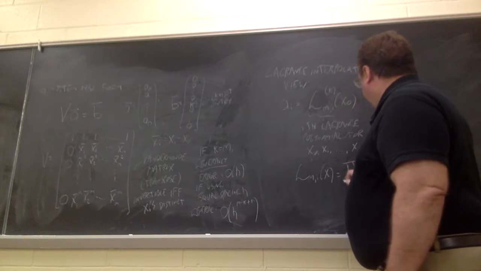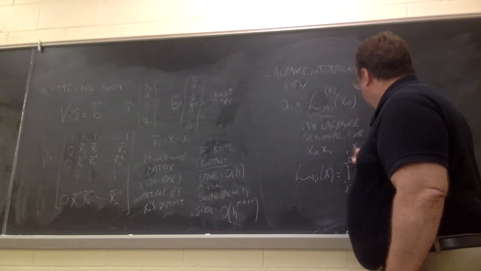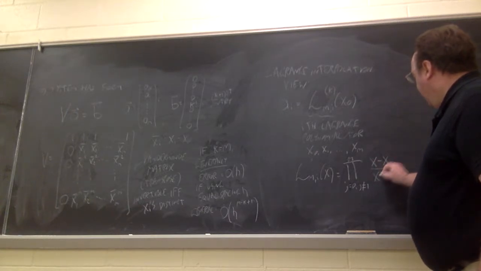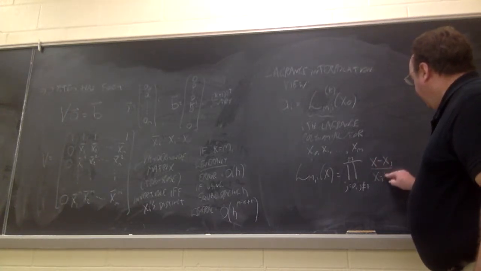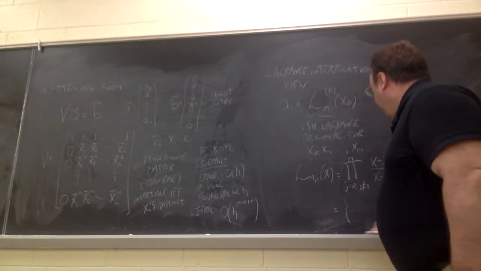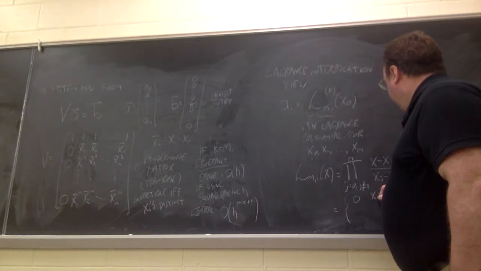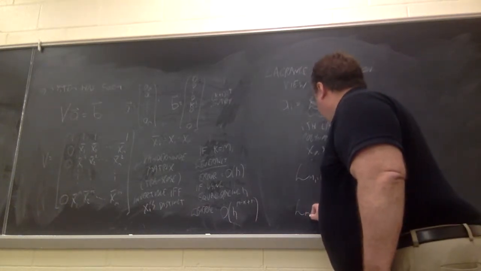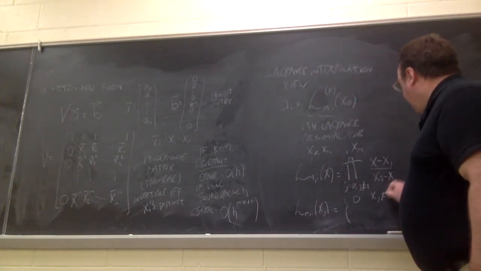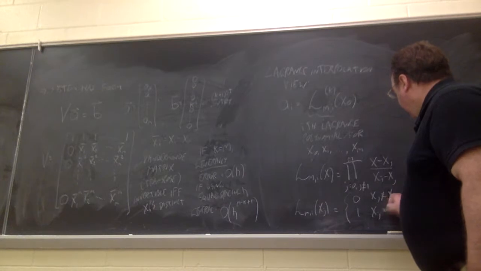The Lagrange polynomial, degree m, is defined by a product of x minus xj over xi minus xj, which ensures that the Lagrange polynomial is equal to 0 if I plug in xj where j is not equal to i, and 1 if it does equal.